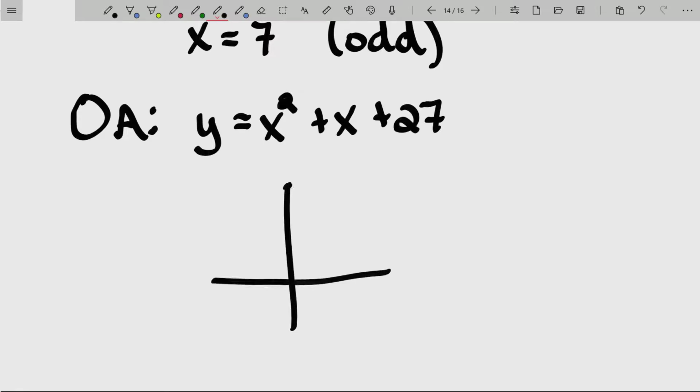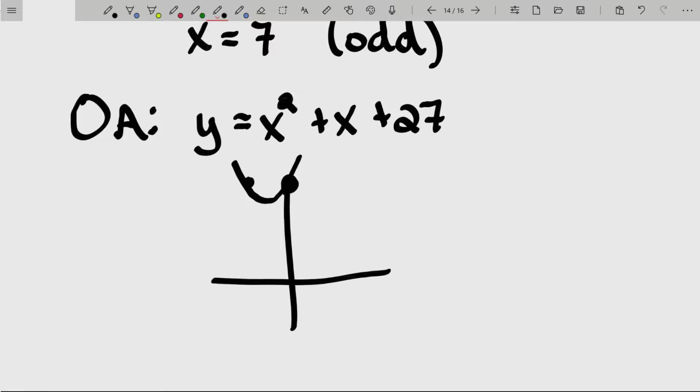Its y-intercept is way up here at 27. That's significantly far up there. Moreover, it is actually not going to be dipping down that far. It kind of looks like this, to be honest with you. So it's a little bit of a pain.